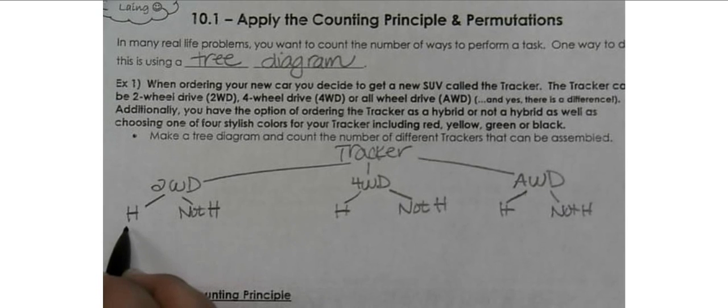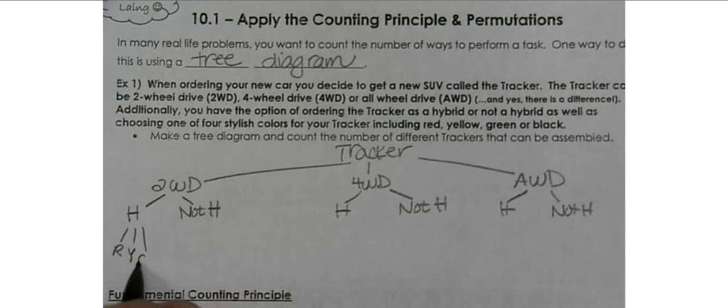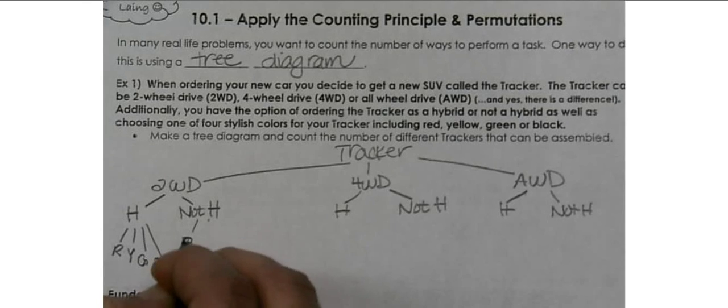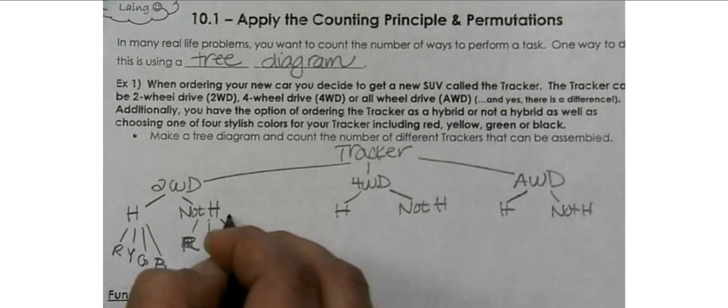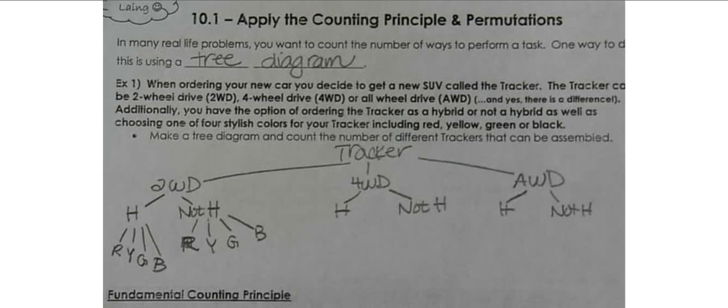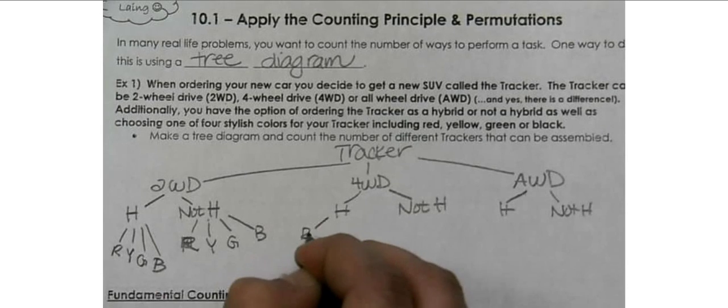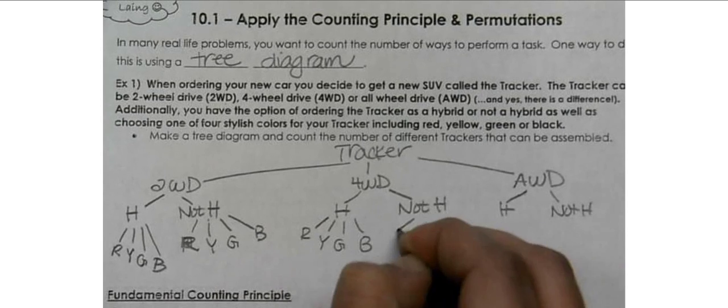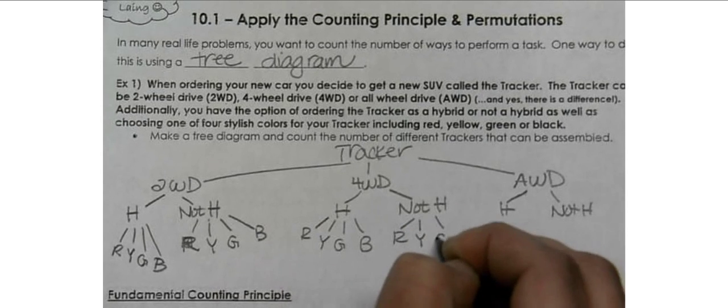Well, off of this one, I could have red, yellow, green, or black. Off of this one, I could have, that's an R, red, yellow, green, or black. Off of this one, so you can see that this is pretty much happening for all of these options.